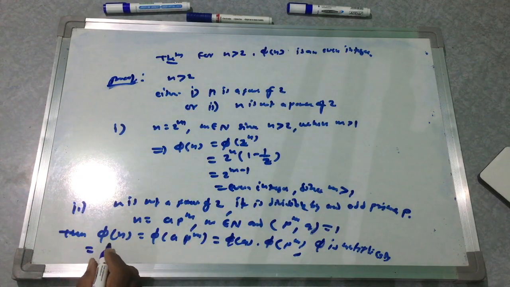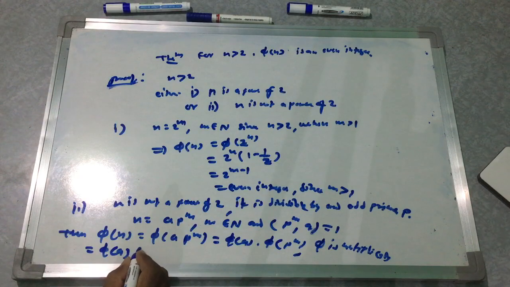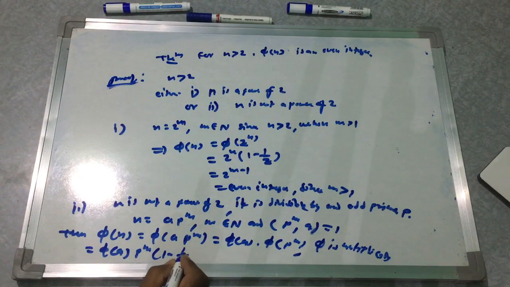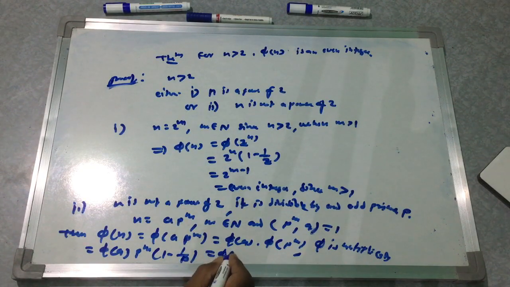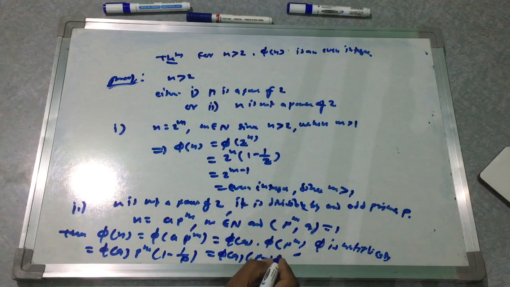This is equal to phi of a into p to the power m into (1 minus 1 upon p). So that is phi of a into (p minus 1) into p to the power (m minus 1).